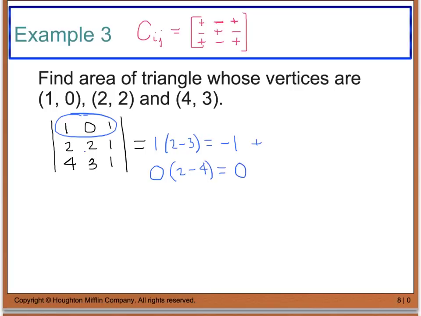I'm then going to add that to my coefficient of the first row, third column, which is 1, and I'm going to cross off the first row and third column, and I have the determinant of 2 times 3, which is 6, minus 4 times 2, which is 8.